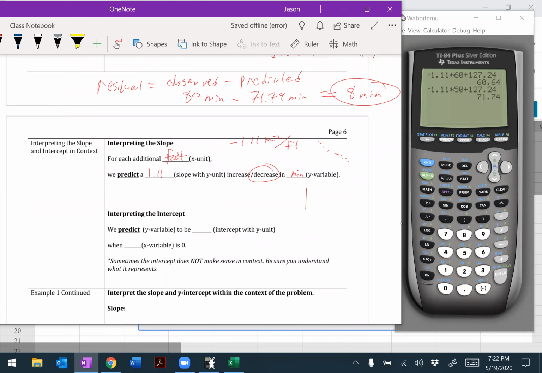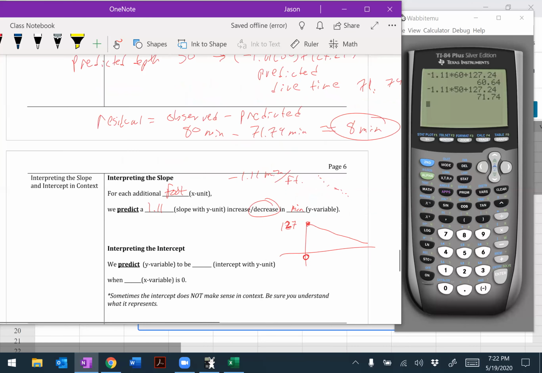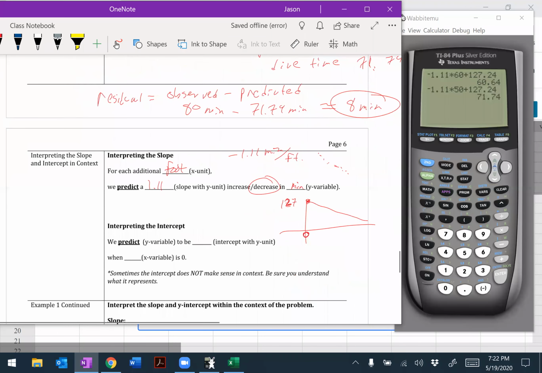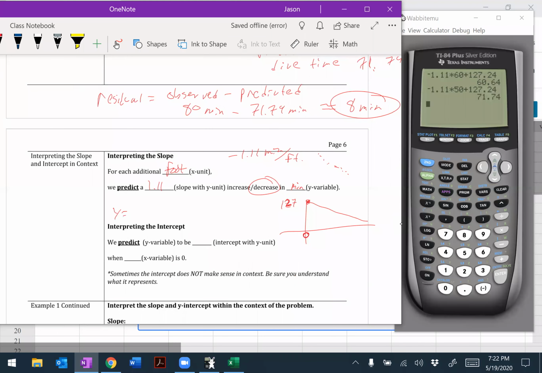Interpret the y-intercept. What about the y-intercept of 127? What does it mean here? Well, the x would be 0 there, right? If I plug 0 into my equation, y equals negative 1.11x plus 127.24, then the slope term goes to 0, and y would be equal to 127. What does that mean?